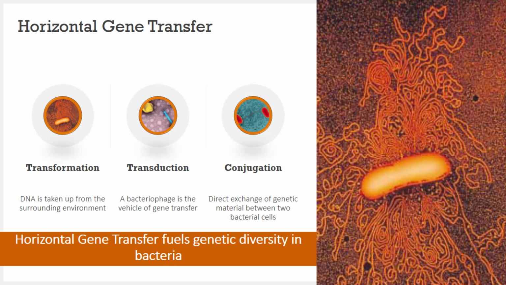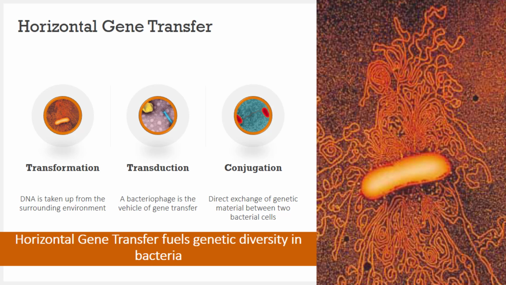This means the movement of genes between cells that are not direct descendants of one another. So horizontal gene transfer allows cells to very quickly acquire some new characteristics, and it also causes metabolic diversity to increase.